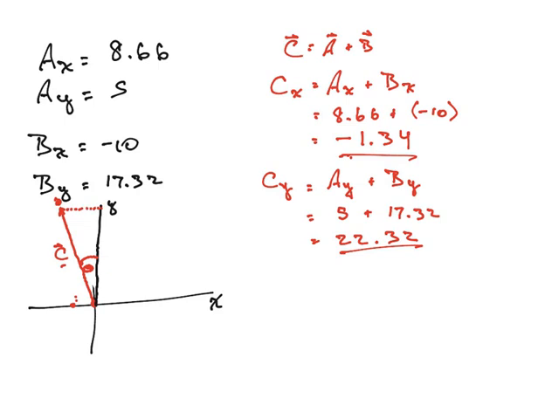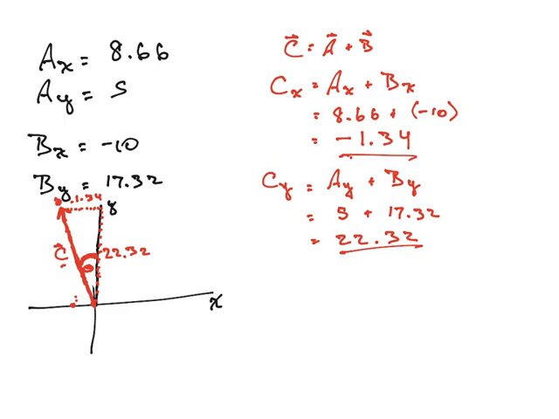The x component of C is negative 1.34, and the y component of C is 22.32. What do I want? I want this side, the actual vector, the magnitude, and I want the direction theta. How do I get it?